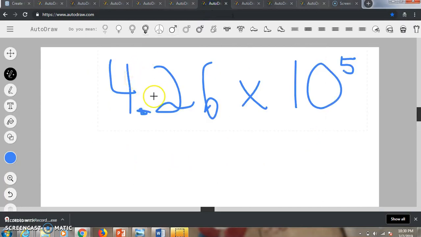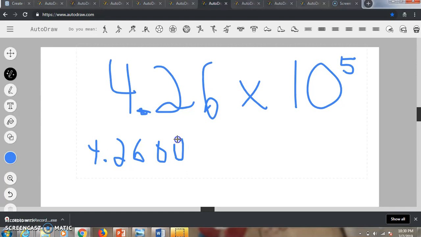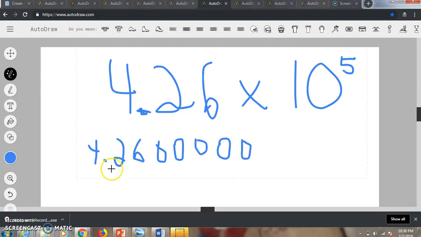Next one, you're going to be going from scientific notation to standard form. So this is a positive exponent. So I add zeros to the right, 5 zeros, 1, 2, 3, 4, 5 zeros to the right, and then you're going to count the decimal 5 places over, 1, 2, 3, 4, 5.